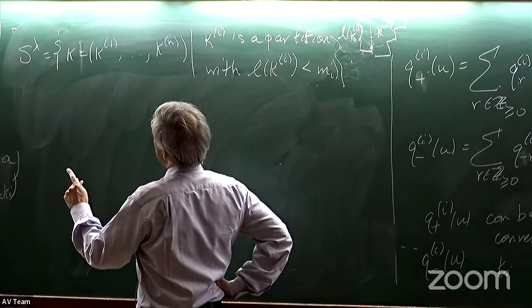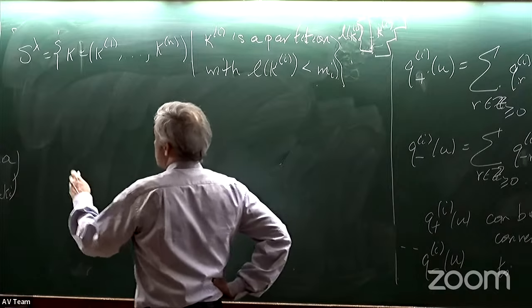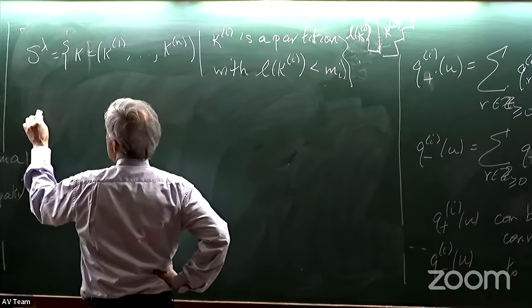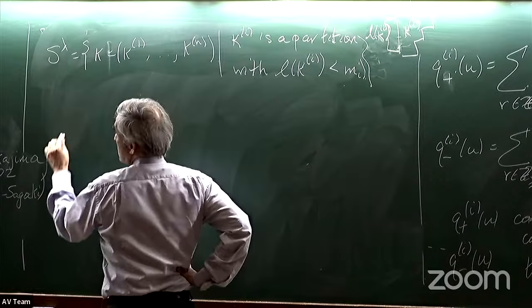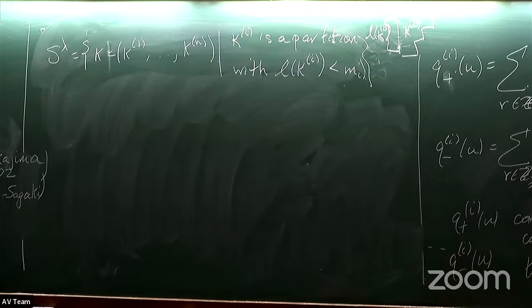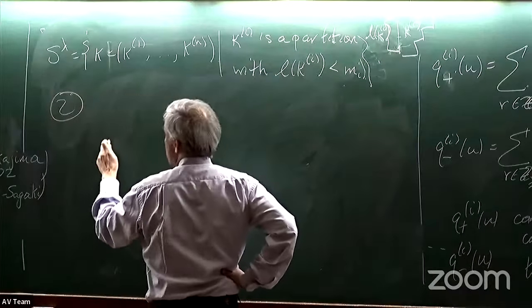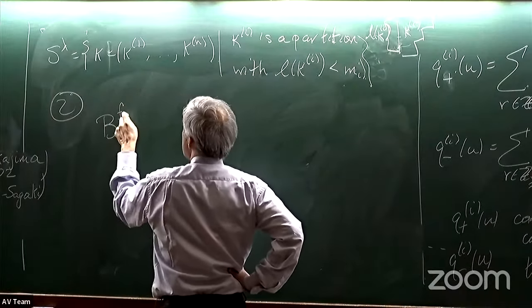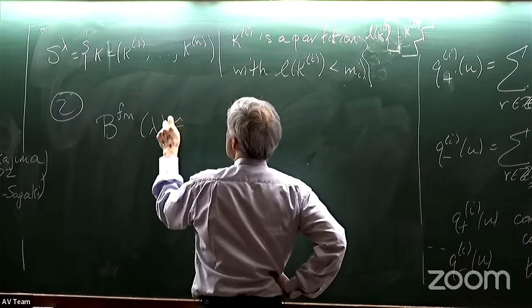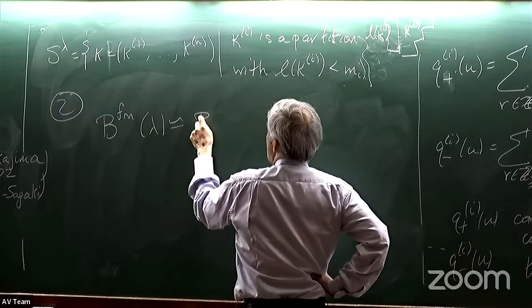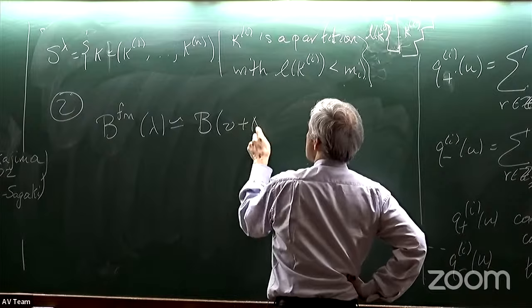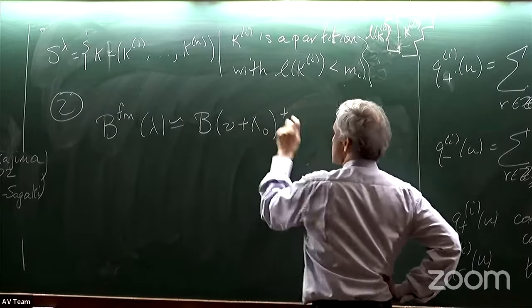So now let me say the next statement. Let's call this 1. And 2 is the following thing, that this B finite lambda is isomorphic to B nu plus lambda 0 W plus.